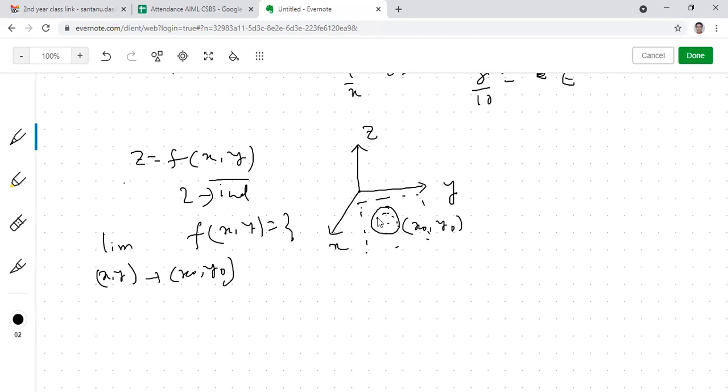Now I need to approach this point from the nearer points, and check what the limiting value is. Let me ask: from these points to this point, what are the directions that we could approach? Is there any unique direction, or how many directions are there?